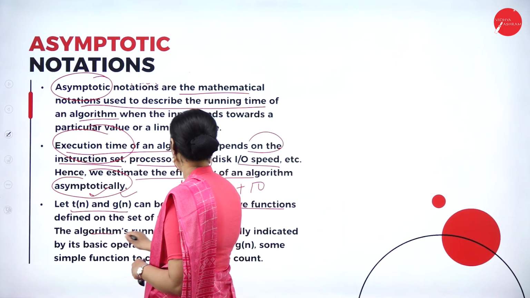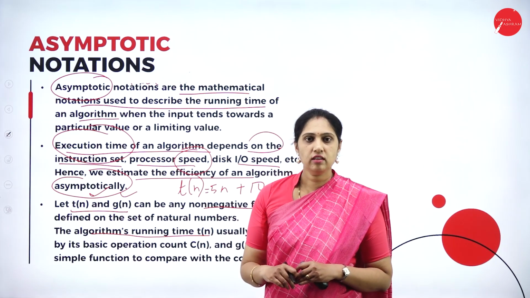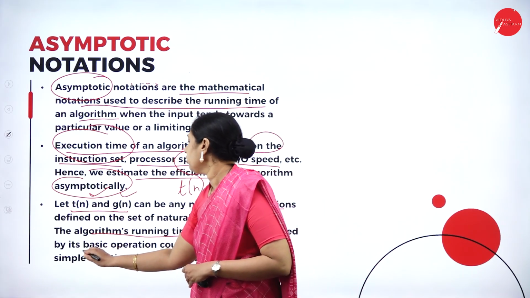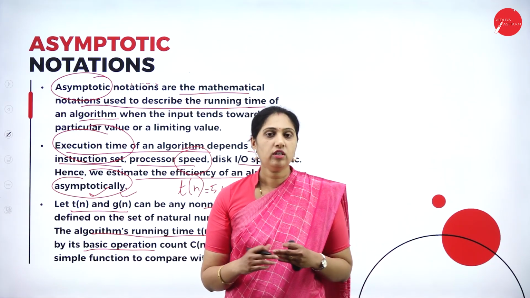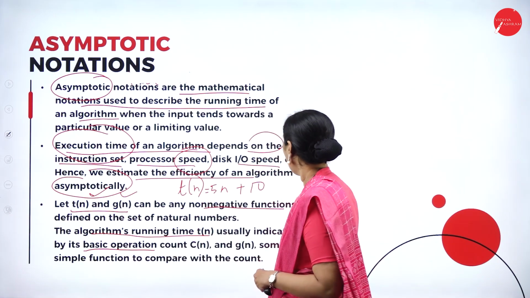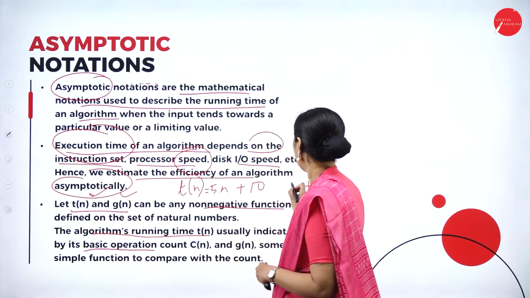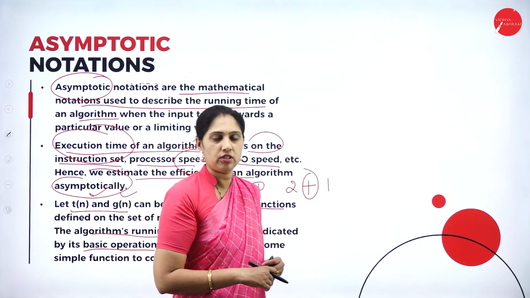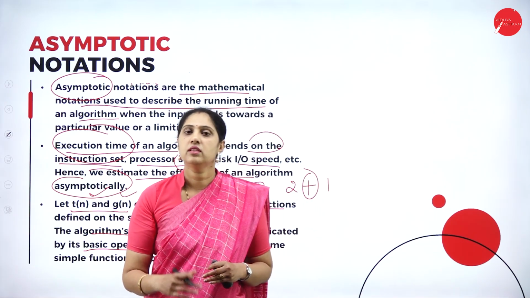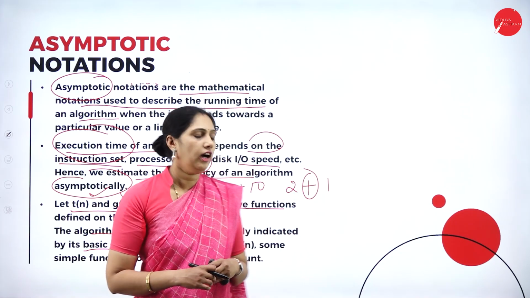Next, the algorithm running time T of n. Suppose T of n is the running time, it is also indicated by its basic operation. Say for the add, what is the basic operation? I'll use plus. So each time I'll add, say 2 plus 1. So plus will be the basic operation. This is used in an algorithm. This will be helpful to calculate what? The efficiency of the algorithm.